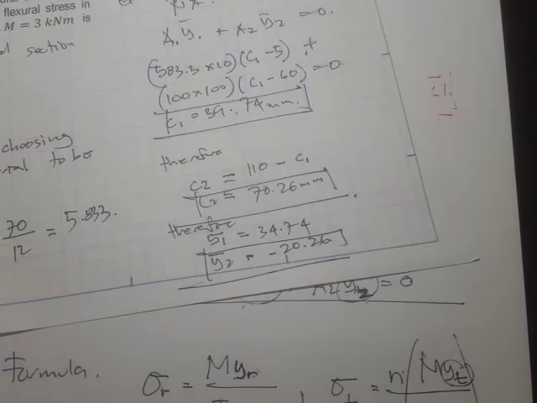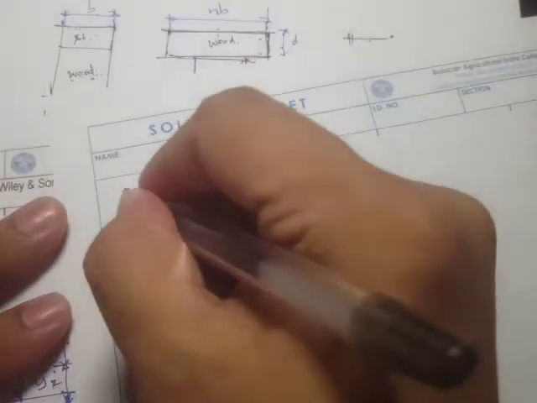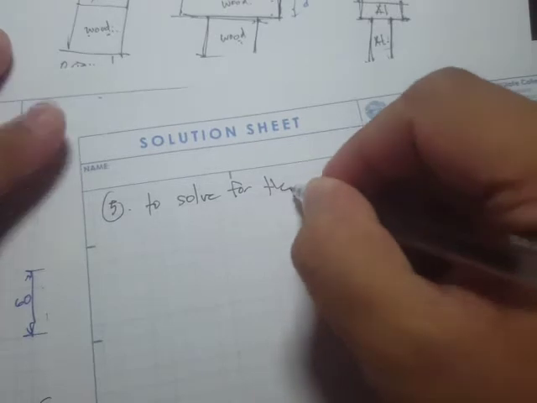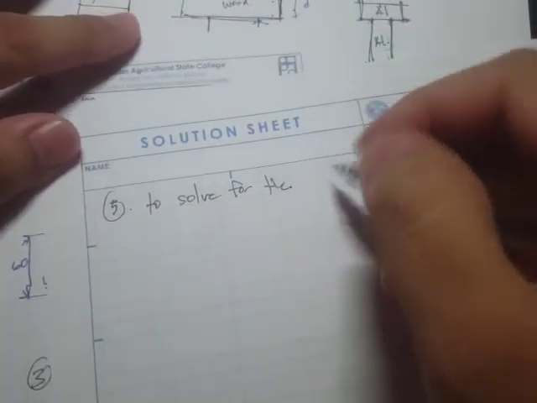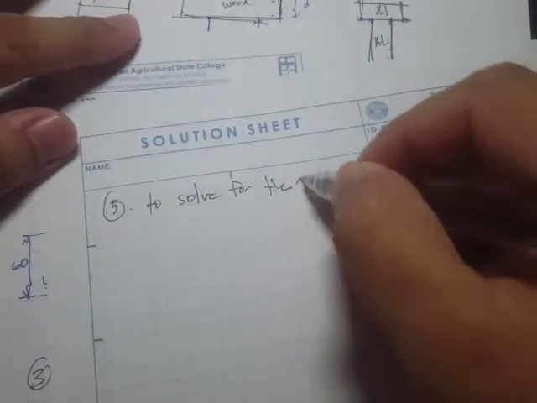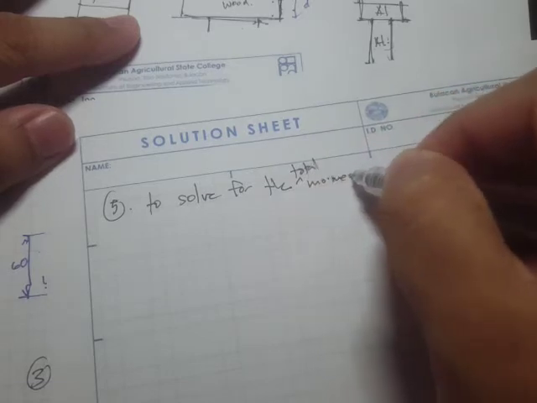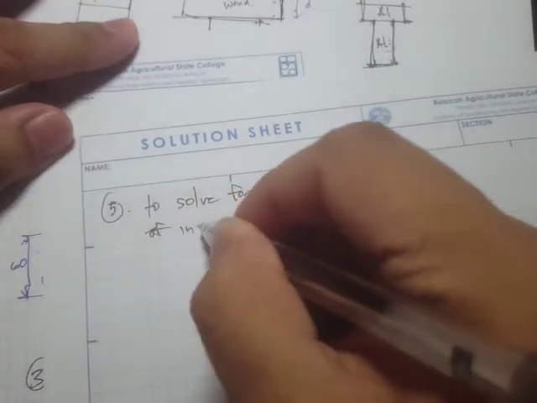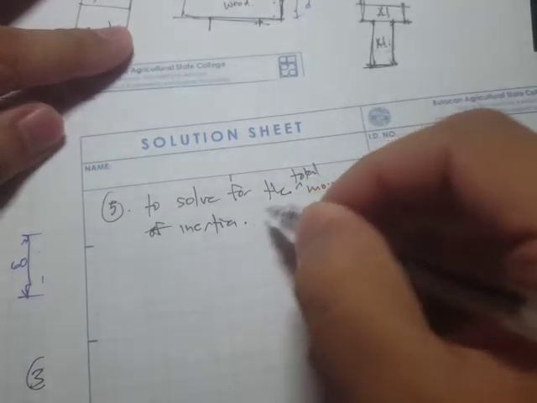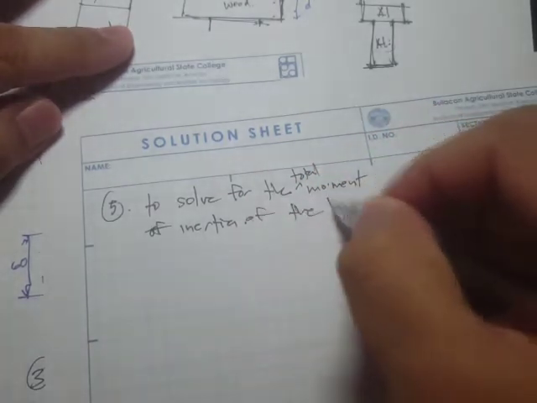Okay, now that we have that, the next step is to solve for the moment of inertia, or total moment of inertia of what? Of the transformed section.